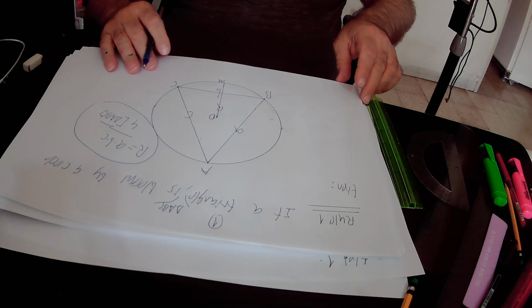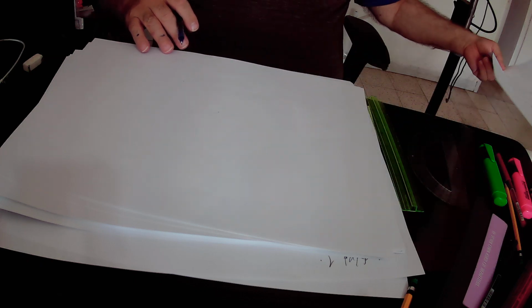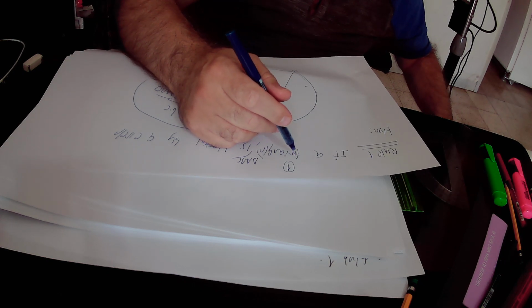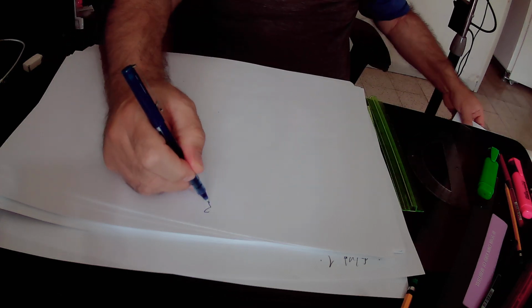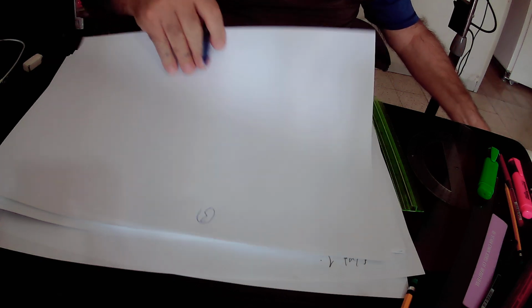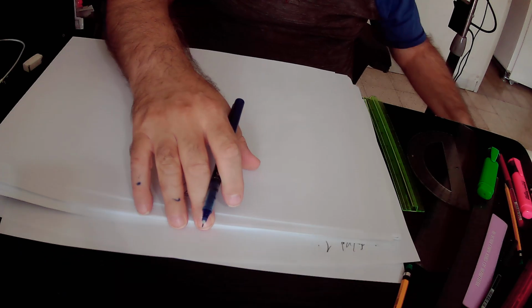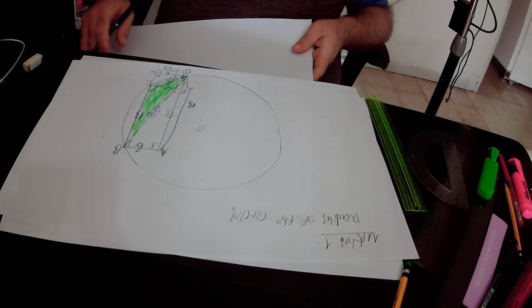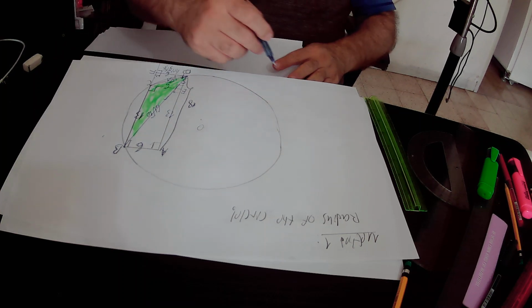Now we can implement this rule number 1 in our drawing. Why? Because in our drawing we have this circle.